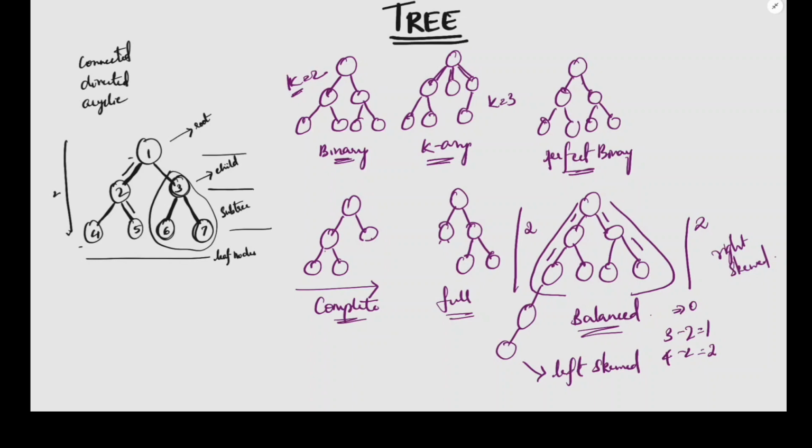And similar to graph, the most common operation that you perform on a tree is traversal, where you visit each node at least once, and the time taken for that traversal operation is O of n, where n is the number of nodes in the tree. You will always have access only to the root node, and you will visit every node in the tree recursively.